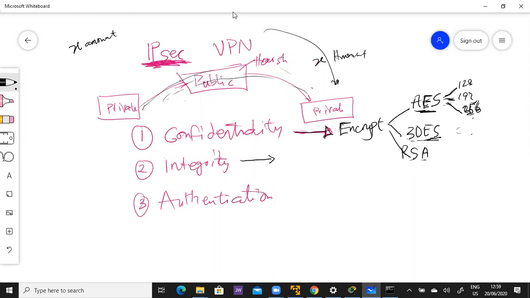Everything that you send must be received exactly as it is. So aside from encrypting the message that you are sending, you want to be sure that the receiver is receiving exactly what you are sending. And the protocol that will do the job for you is SHA.